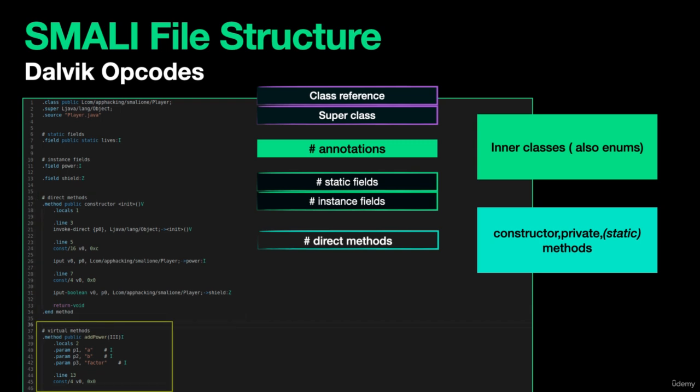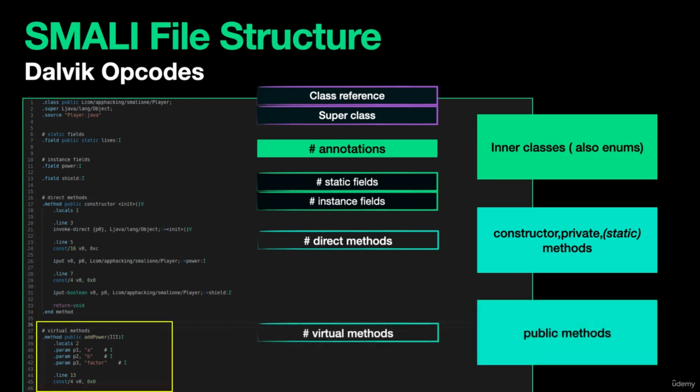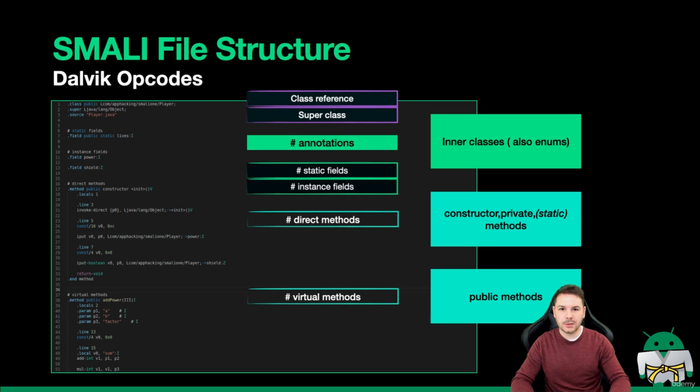Okay? And finally, we've got the virtual methods, which means we've got our public methods over there. And that's all. This is the whole Smali file structure. And if you get familiar with this, you can navigate even more easily around this file. For example, if you look for a certain instance field, you go up into this file, check out this hashtag sign and see, okay, here I've got all my instance fields.